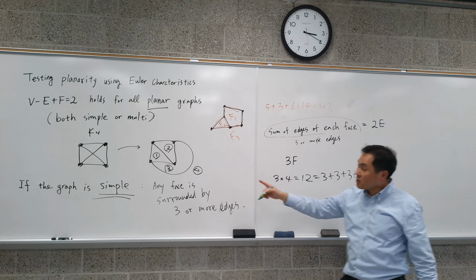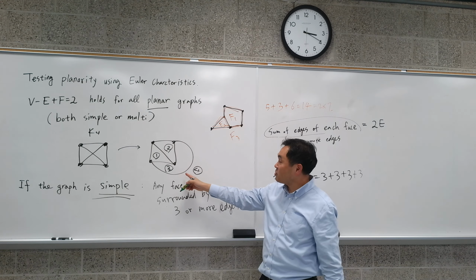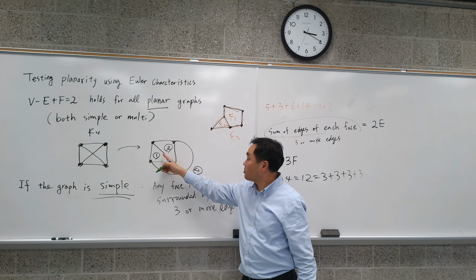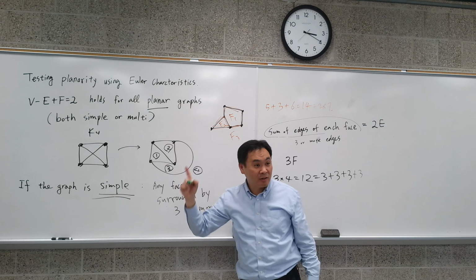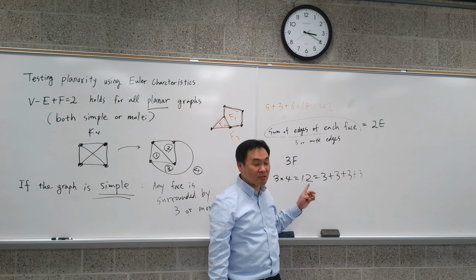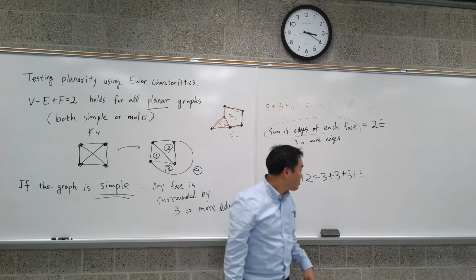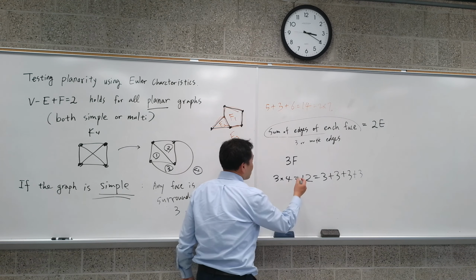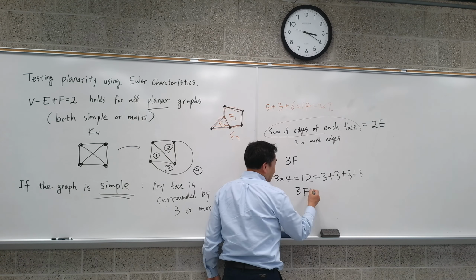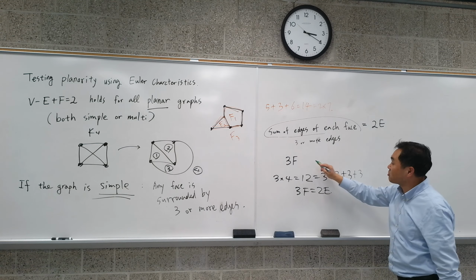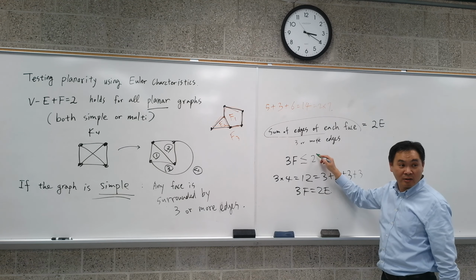But now, can you see how many edges there are? How many edges are there? 1, 2, 3, 4, 5, 6. 6 edges, right? That's exactly half of 12. 6 times 2 is exactly 12, right? So in this case, 3f is equal to 2e, but in general what happens is that this 2e is going to be equal or greater.